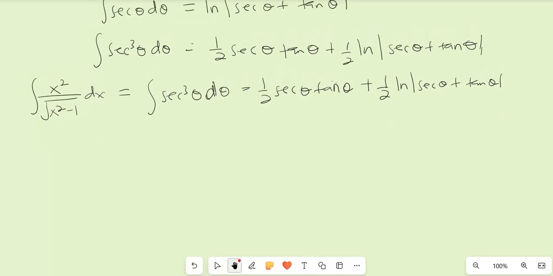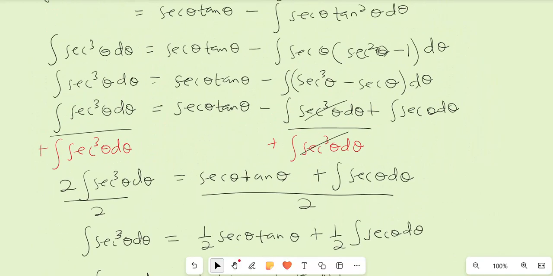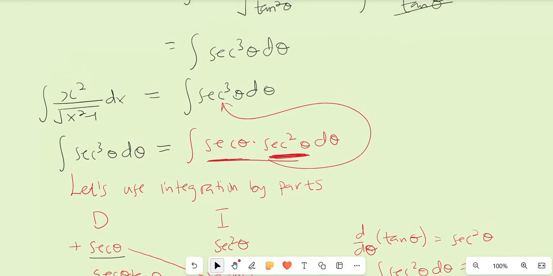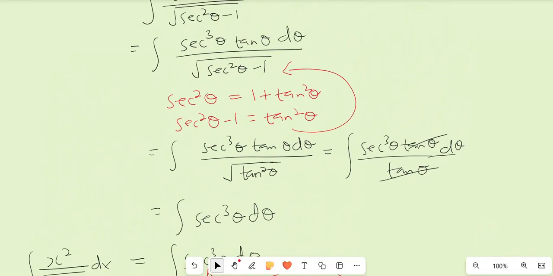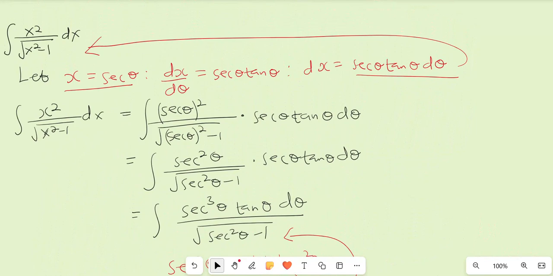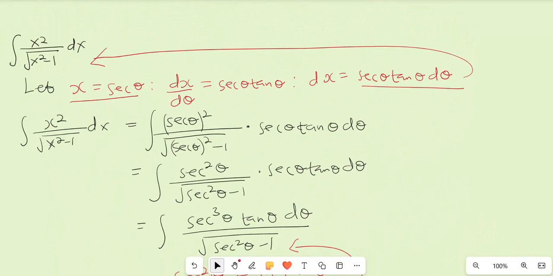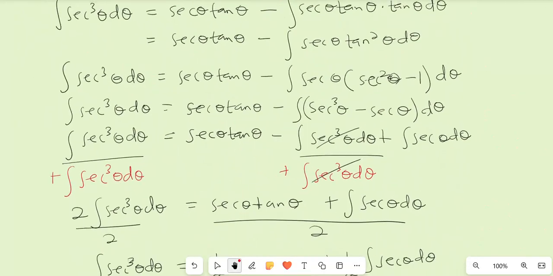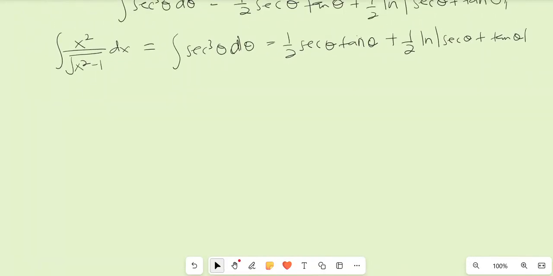But we know that our substitution was x equal to secant theta.